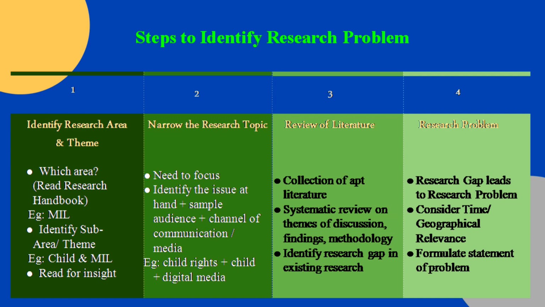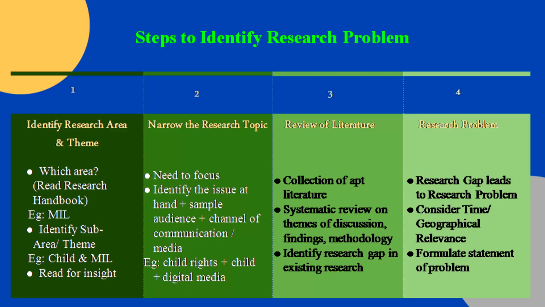Here, the example of children and media literacy is the area, the theme. After further scrutiny of literature, the theme is converted to a topic, where the child rights, the children, and digital media come together. Digital media is open to everyone, including children. The majority of the content available in the online field is not meant for children, whereas in the Indian population, 42% belongs to the age group of less than 18.